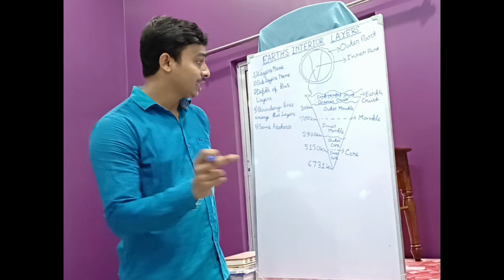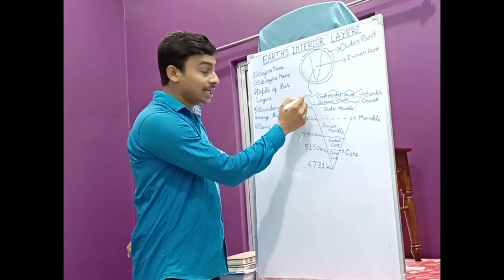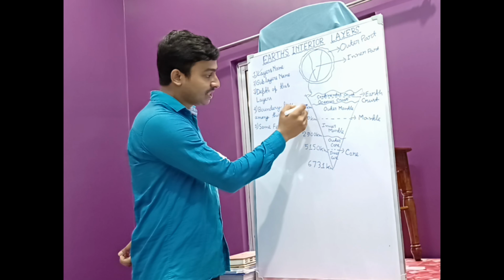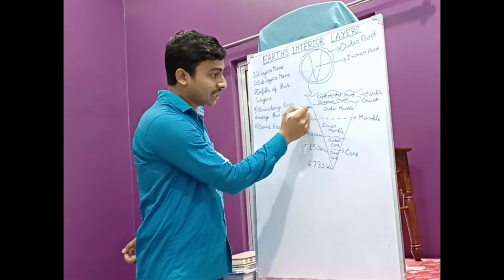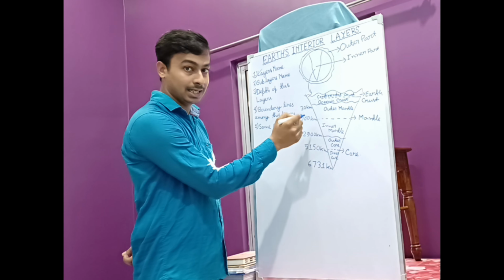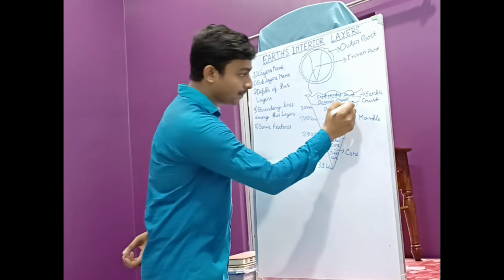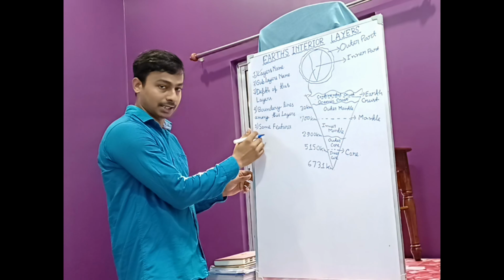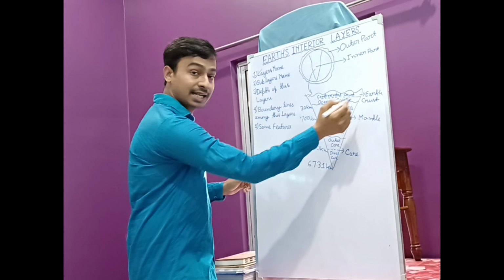First, boundary line of these main layers. First, crust and mantle. So I write this part, crust and mantle.